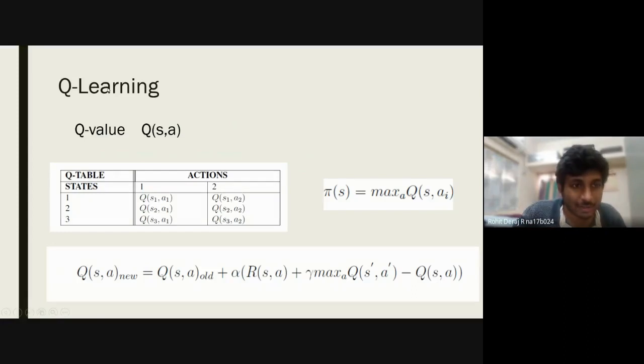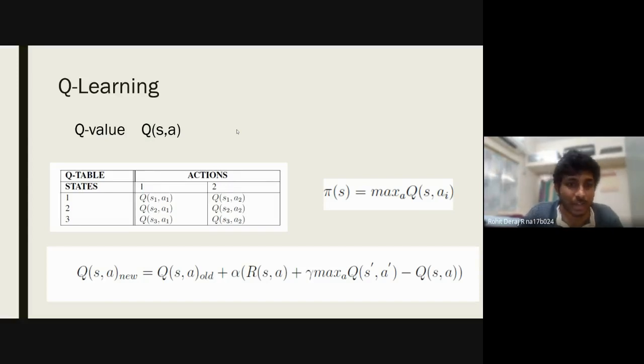First, let's look at the Q-learning algorithm. Q-learning is one of the basic algorithms of reinforcement learning. It is based on Q values. Q stands for quality, because the Q value indicates the quality of the actions that can be taken in a particular state. For example, in a given state you can take actions A1, A2, and A3.